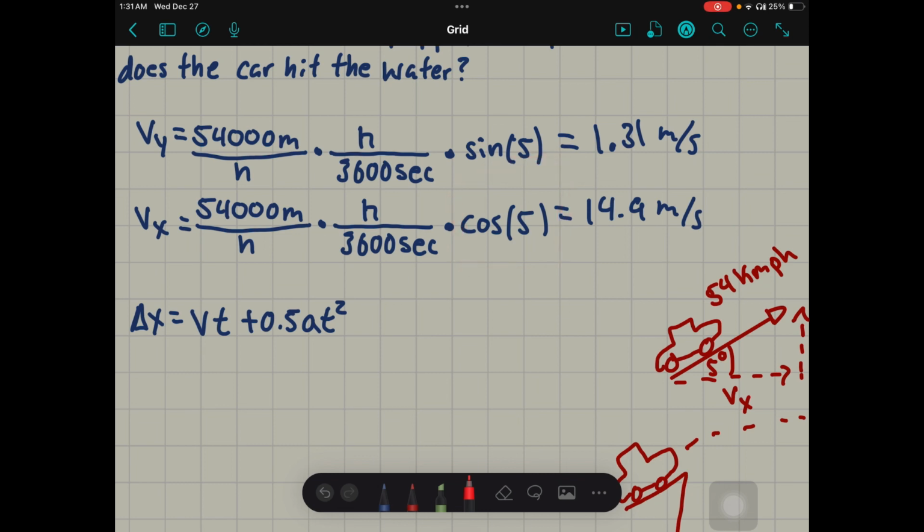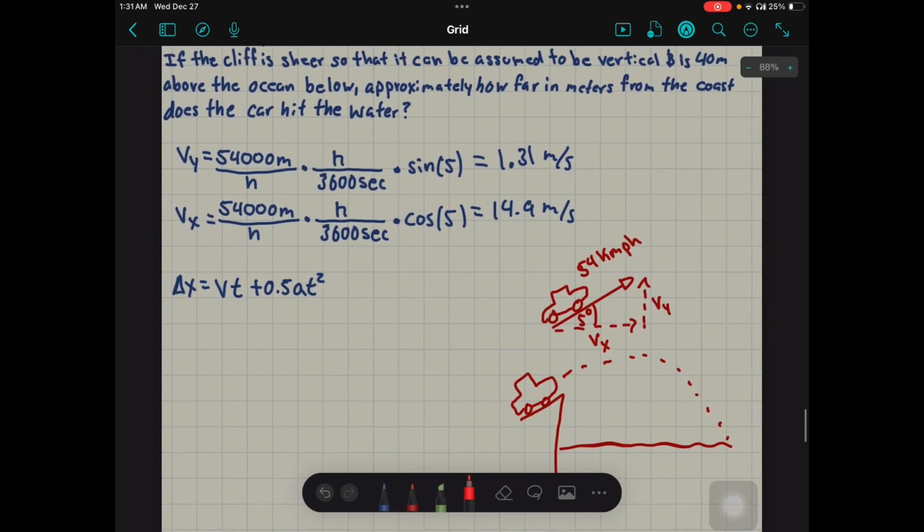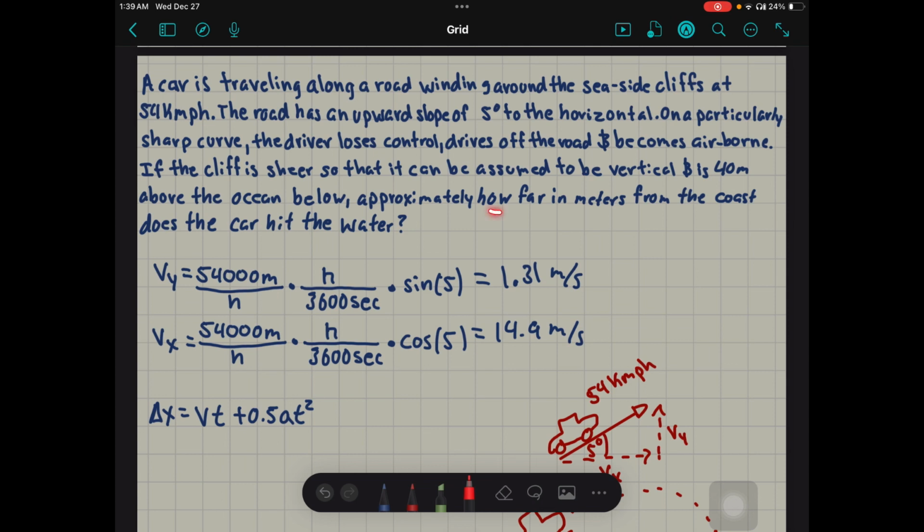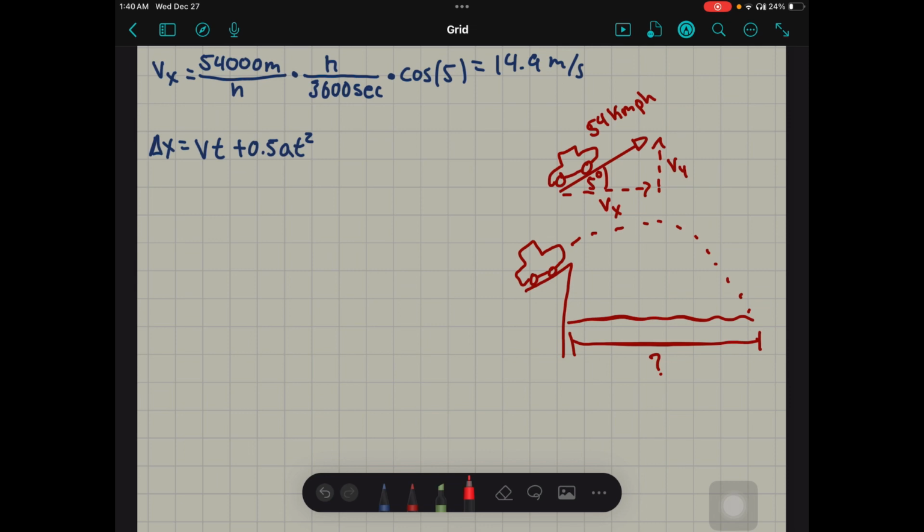Okay, so now that we got the conversions out of the way, we got to figure out how exactly we're going to solve this problem. We're trying to find how far from the coast the car hits the water. Now, because this is going to be a projectile motion problem, we're going to need some type of key component, so time, to figure out how long it takes to get from here to here, which is going to be the same as the time it takes from here to here, because the x and y components are connected by time.